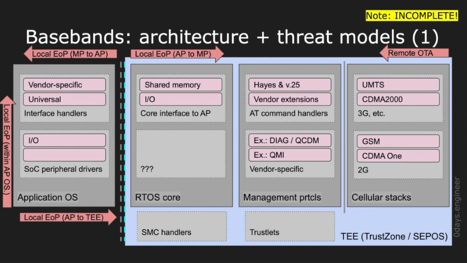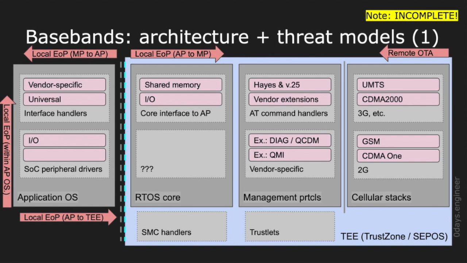On the side of the application operating system, such as Android, there are also two attack surfaces that are attackable from the baseband. The first one is the peripheral drivers, because baseband is a separate hardware peripheral, so it requires some specialized drivers that handle I/O and such things.